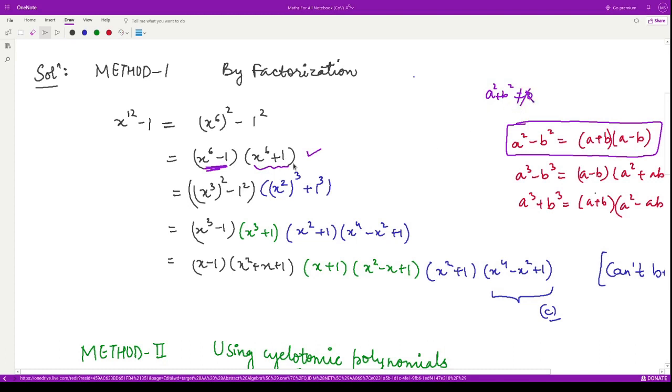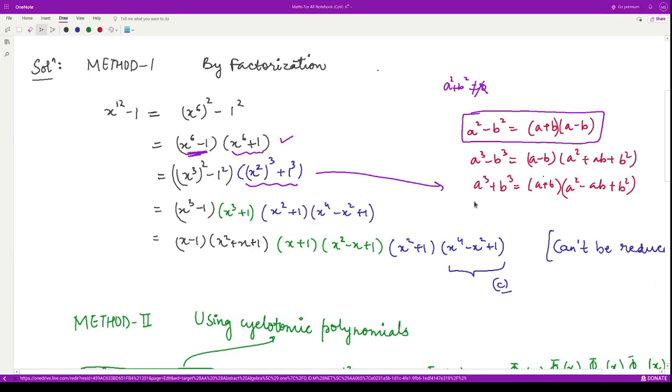So here we have to write it in the form of cubes. We can write this as x square raised to power 3 plus 1 cube. So here we can apply the formula a cube plus b cube, which is equal to a plus b into a square minus ab plus b square.